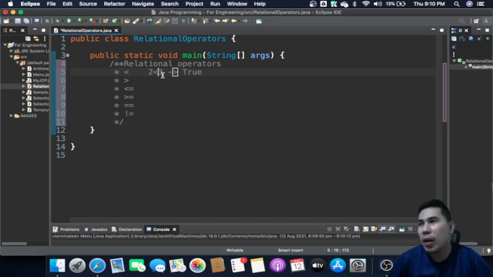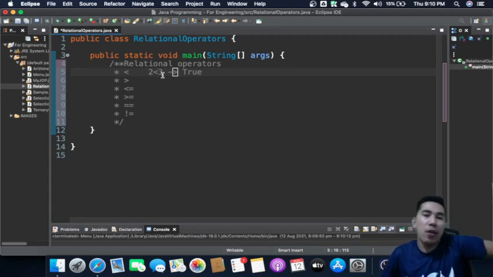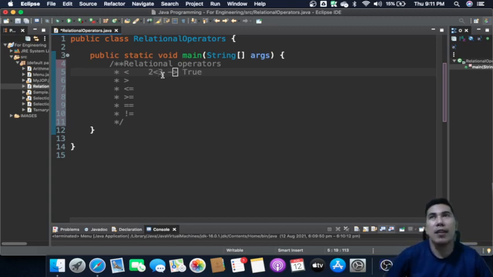So what I did during my class is this: using your hand, or in layman's terms, using your arm, if you are going to the left, that is less than. Left is less than, and right is greater than.